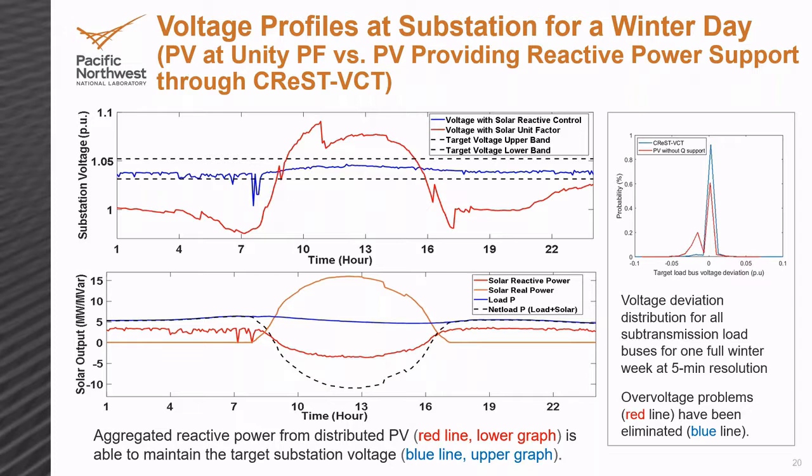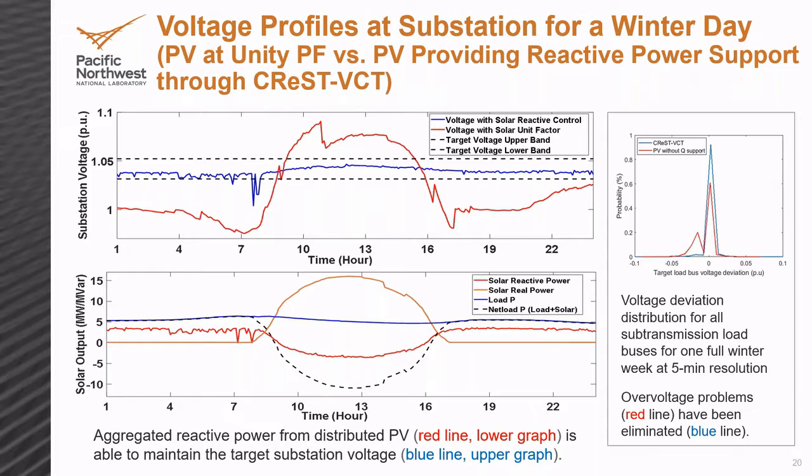So here, things were working as expected, and we are able to take advantage of smart inverter capability or aggregated response from the PV. And this is just one single snapshot from one substation. On the right side, this is the distribution of voltage deviation from a target value. The red is the business as usual. Again, the blue is with the optimization.